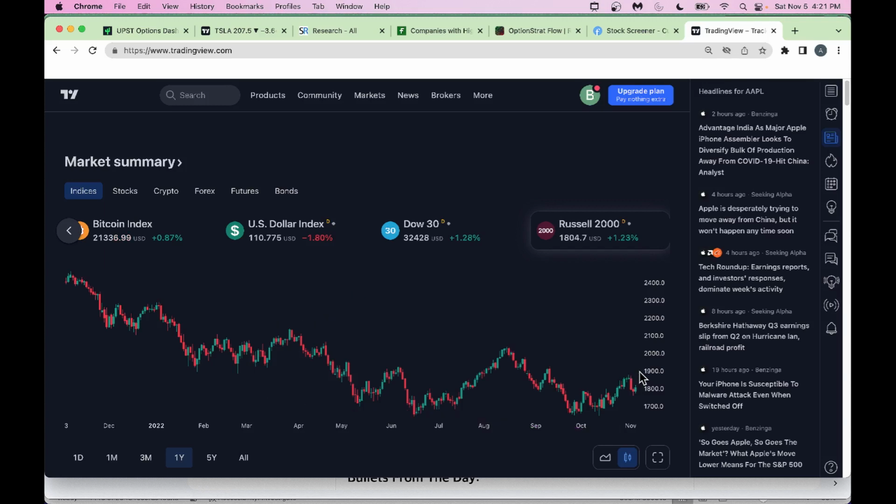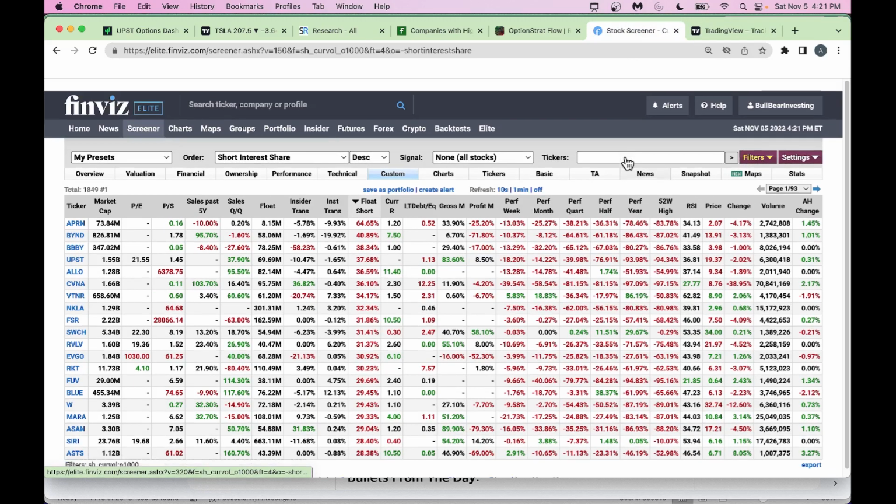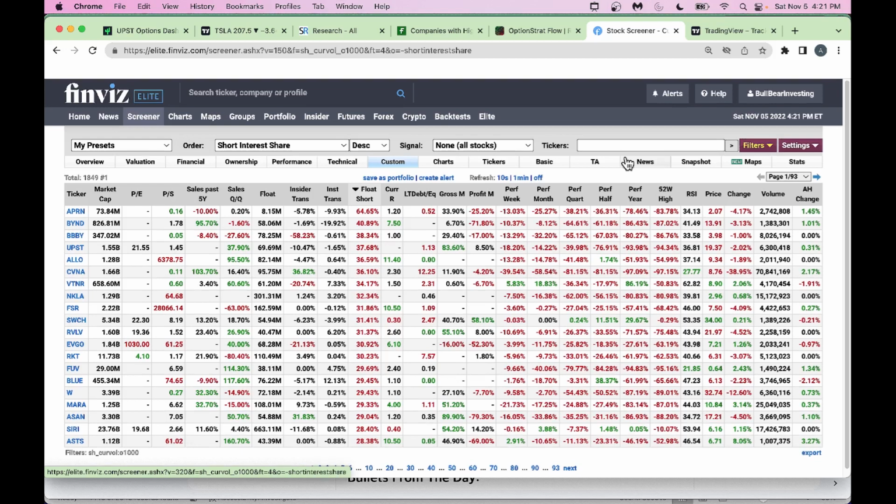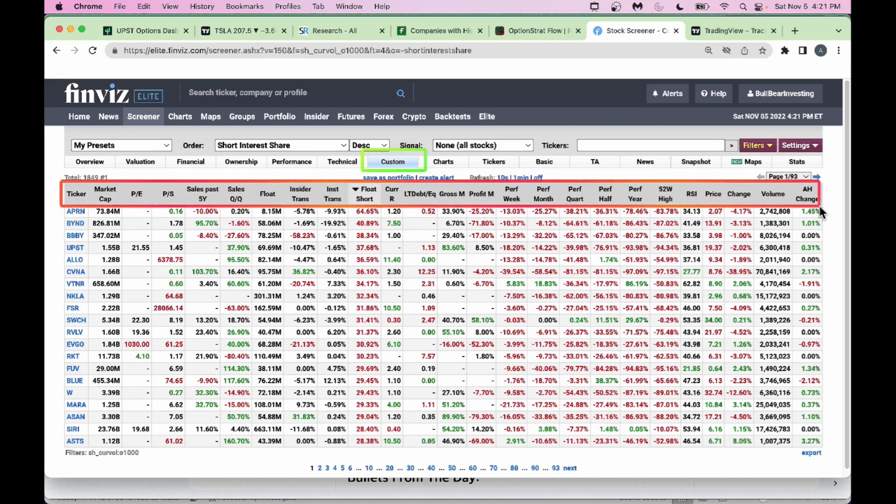And one tool I use for looking at the short ratio is Finviz. Finviz is a good tool here. I got an elite membership in Finviz. The moment you have elite membership, you can create your own custom view. Look, I got a custom view here. You can choose what fields you want to see in the custom view.